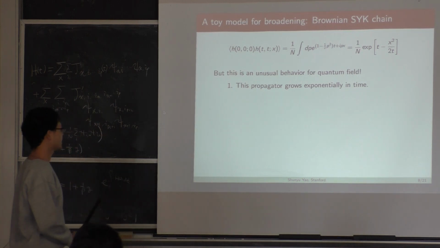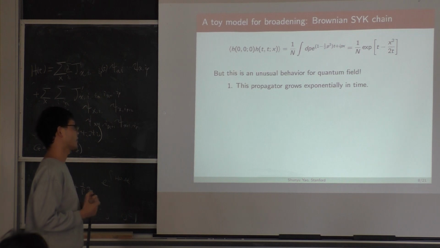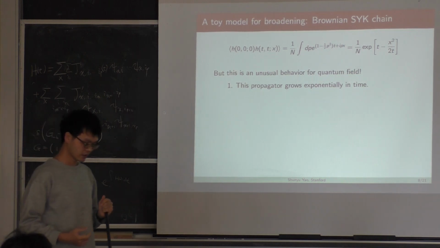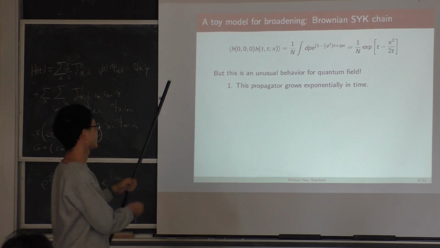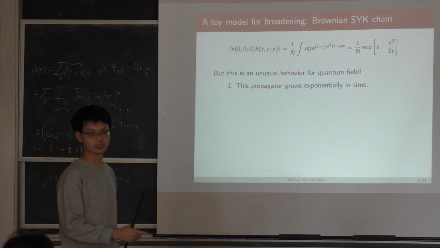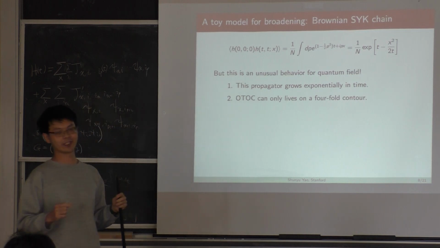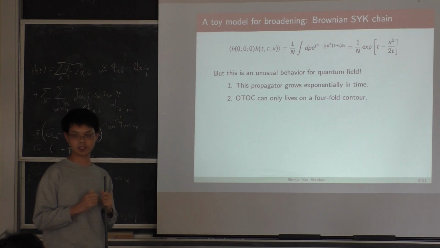Okay, but this is a kind of unusual behavior in quantum field theory because, first of all, this propagator grows exponentially in time, and I would say that's related with the fact that this propagator is only non-zero in out-of-time-ordered configuration. If you have a simple Schwinger-Keldysh contour where you just go forward and backward, you wouldn't have this exponential growth.